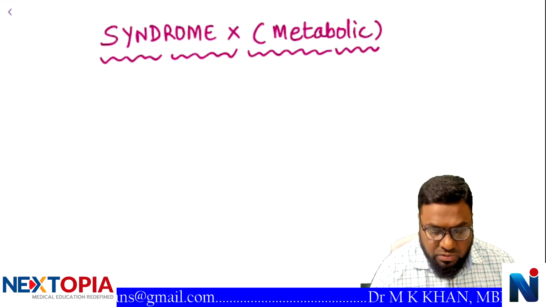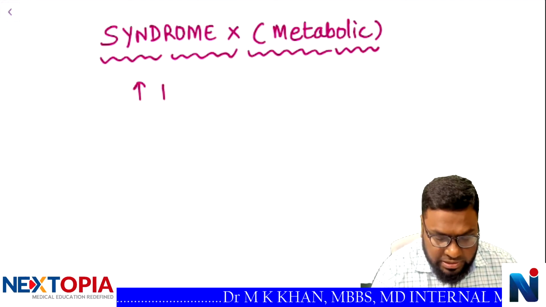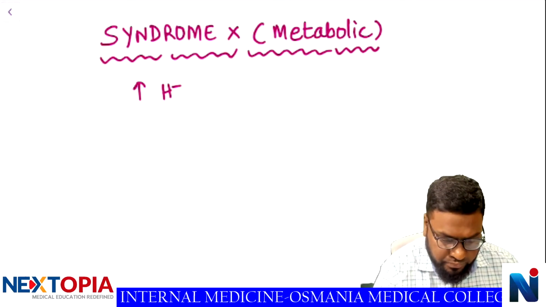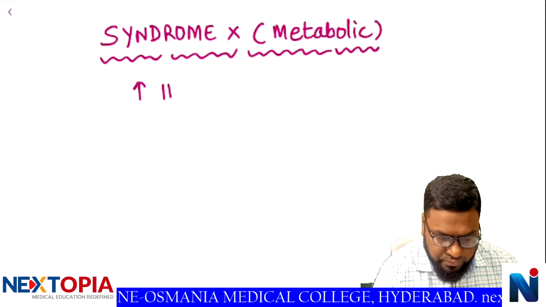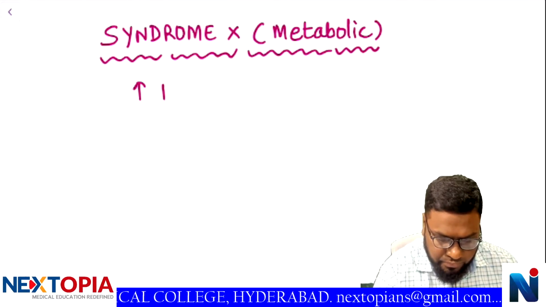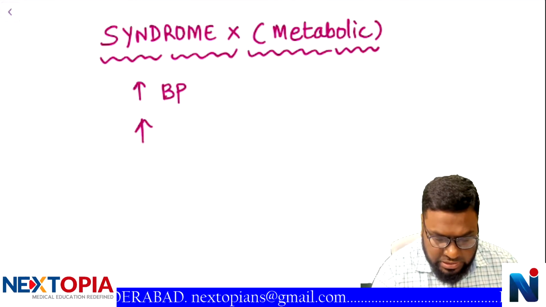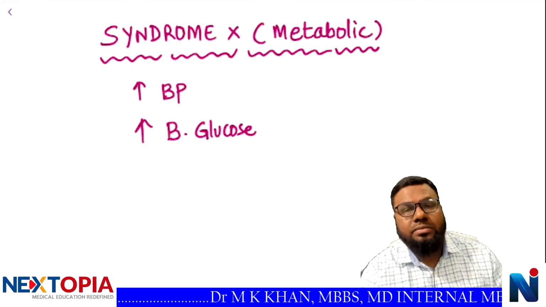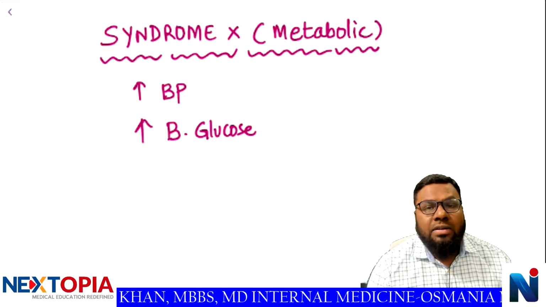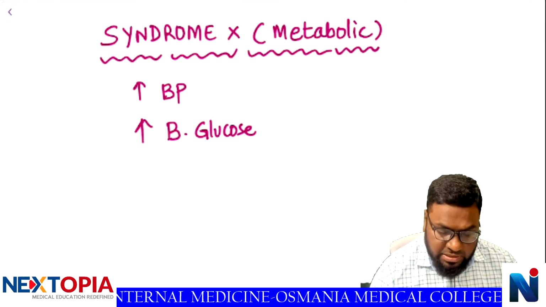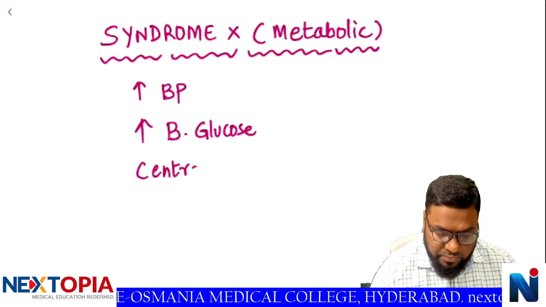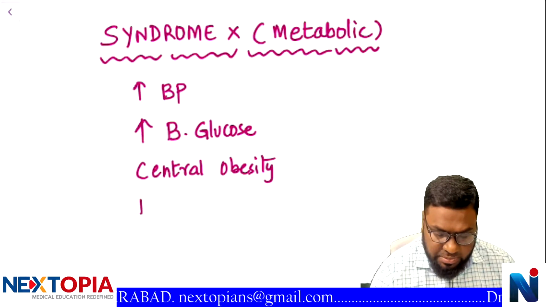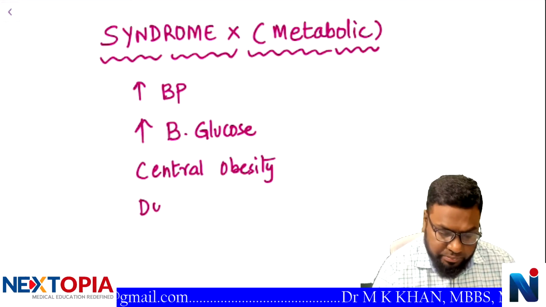In case of metabolic syndrome, what happens is there is increased blood pressure, increased blood glucose, that is the patient develops diabetes mellitus. Patient develops elevated blood glucose, hypertension. Patient has central obesity. More importantly, patient has got dyslipidemia or hyperlipidemia.